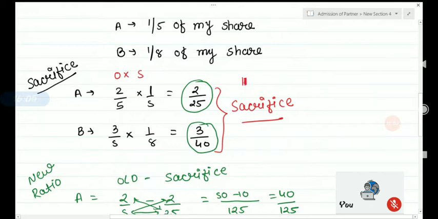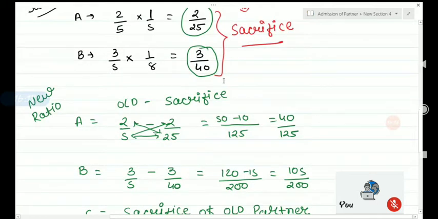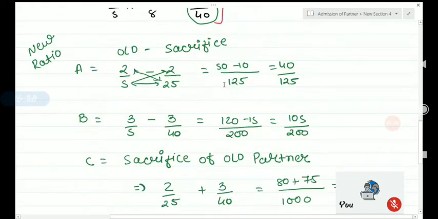Here they gave share of sacrifice. Now new ratio means old ratio minus sacrifice. Probably you all are aware that old ratio minus sacrifice will be the new ratio.